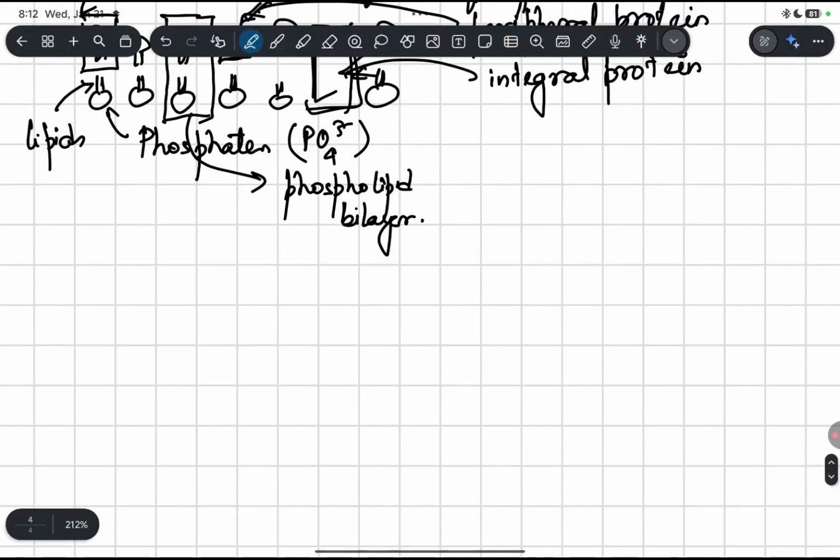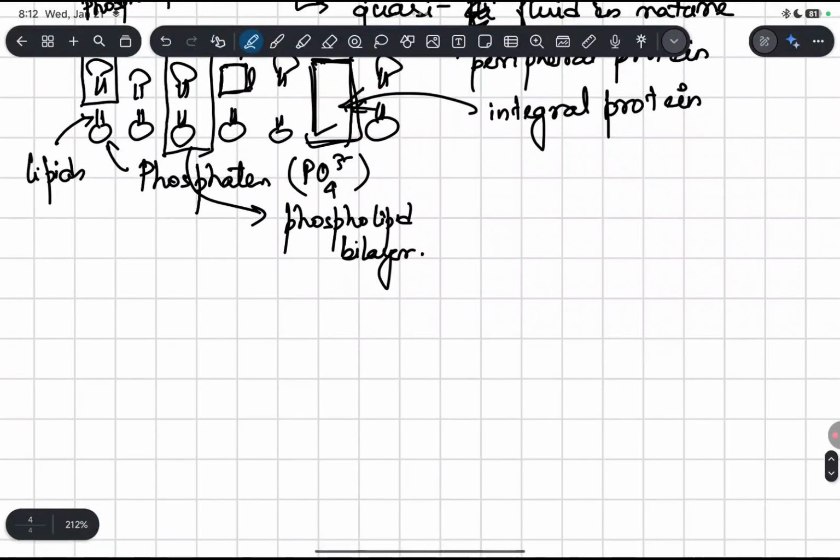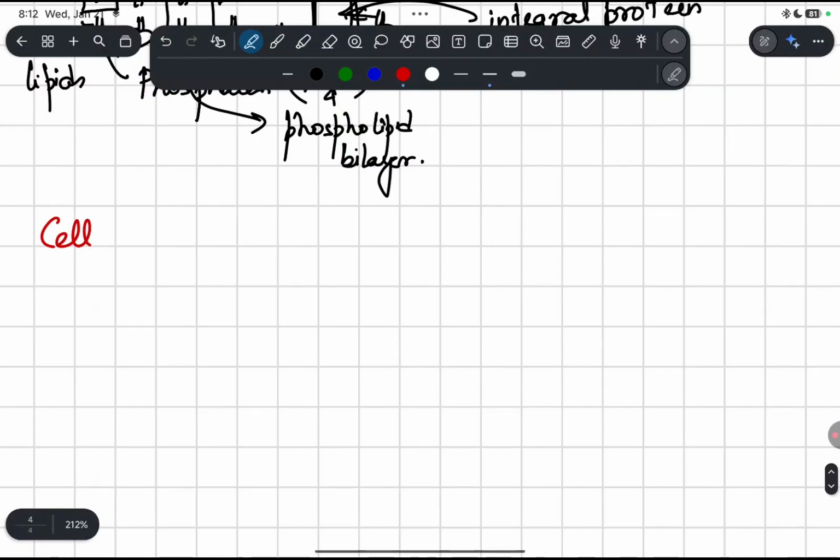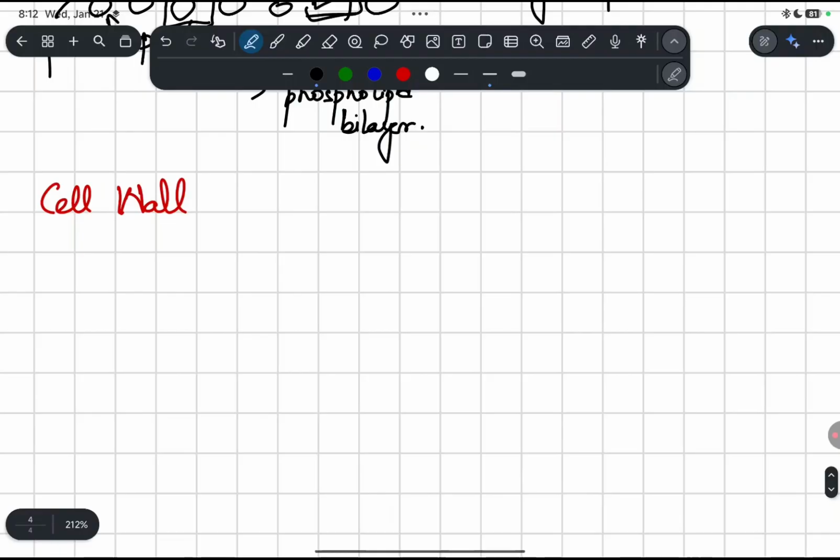So now we'll come to cell wall. We are done with cell membrane. What is the function of cell wall? Cell wall is for cell to cell interaction, and cell walls are not present in animals, right? It is present in plants, fungi, algae, prokaryotes. If you see the structure of a cell wall, it is generally like this.